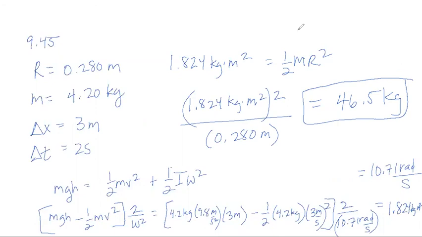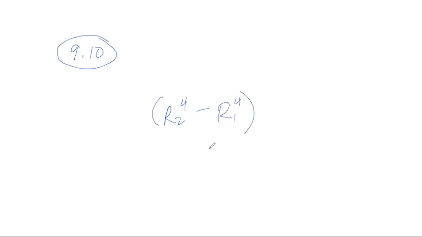All right. Problem 9.53, it wants you to calculate the moment of inertia of a solid disk, and it's long, and I want to refer you to example 9.10. Example 9.10 has this whole thing done. One thing that might be a little confusing is R2 to the 4th minus R1 to the 4th.